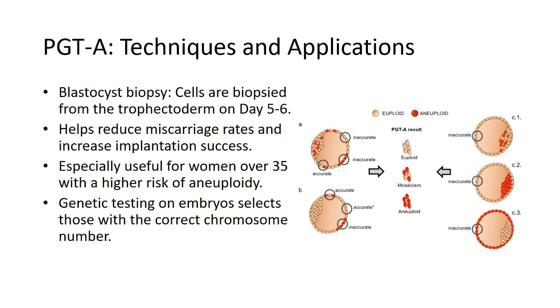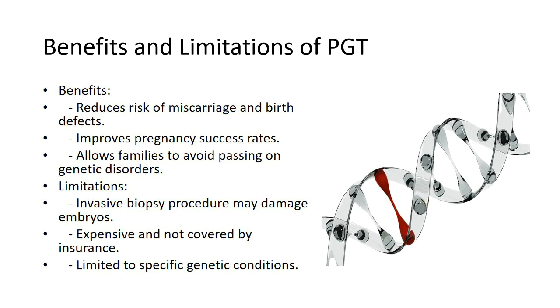Identifying healthy embryos for transfer increases the chances of successful implantation and live birth. Advanced maternal age. It is particularly beneficial for women over 35, as they have an increased risk of chromosomal abnormalities in their eggs.